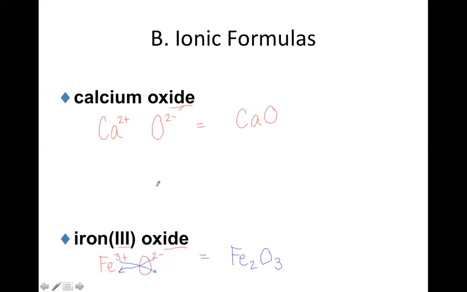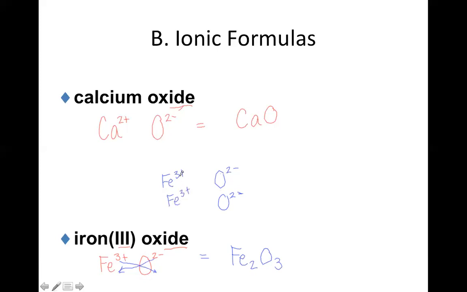So if we have iron and it's a 3+, we have this +3 charge, and then if we have an oxygen and that's a 2-, those aren't adding up to give us 0. So if we were to add on another oxygen ion here, we have a total of 4-. That's not canceling with the 3+. So now we add another iron 3+.